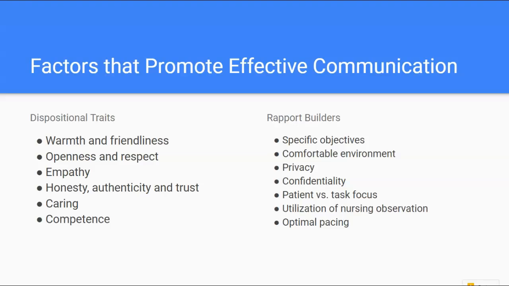So utilizing nurse observation. That would be seeing and interpreting any and all information. So an example would be seeing a patient being anxious because they are waiting for the results of a pregnancy test, whether they're anxious because they're happy and hope to get pregnant, or the opposite.